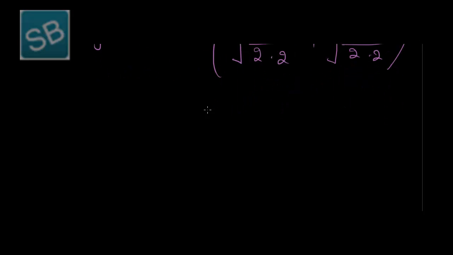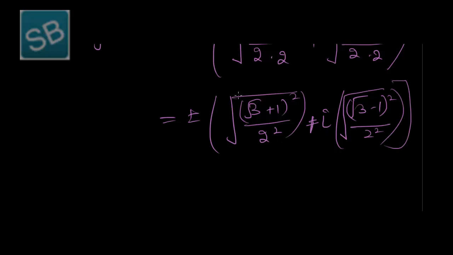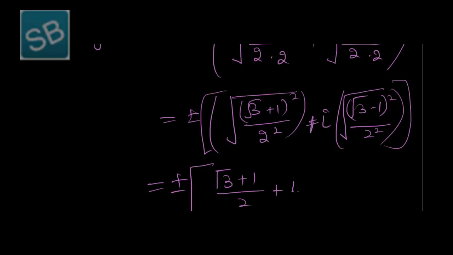So we can see here we get root of root 3 plus 1 whole square over 4, that is 2 square, plus iota root of root 3 minus 1 whole square over 2 square. That is, we get plus minus root 3 plus 1 over 2 plus iota root 3 minus 1 over 2.